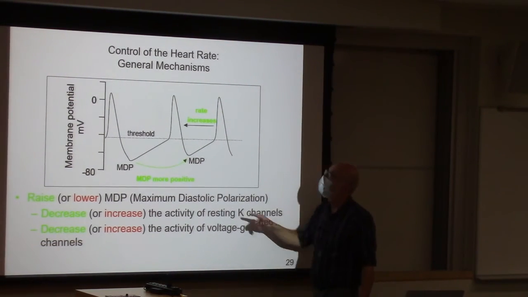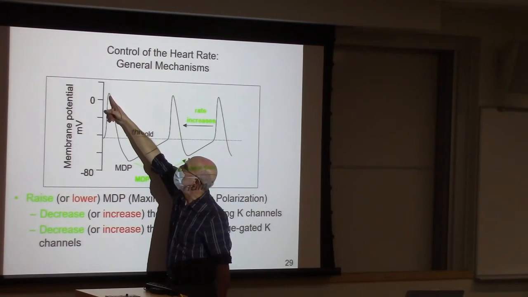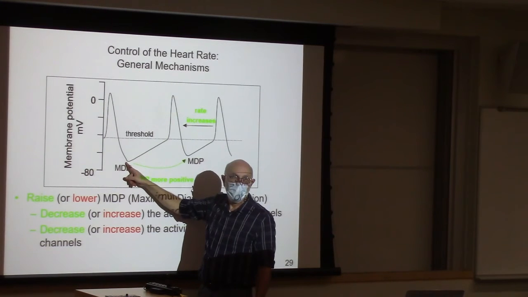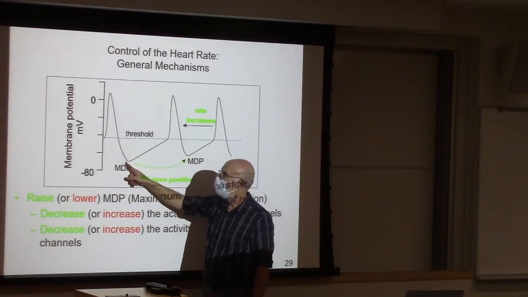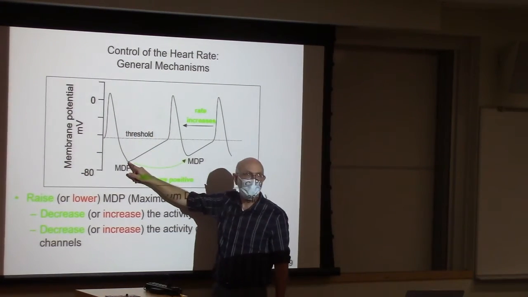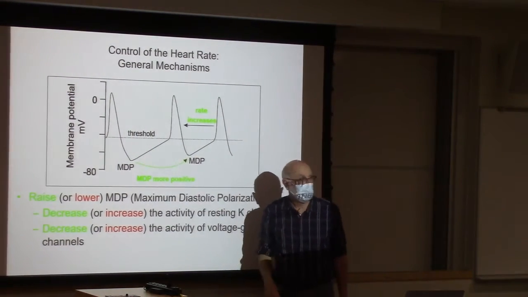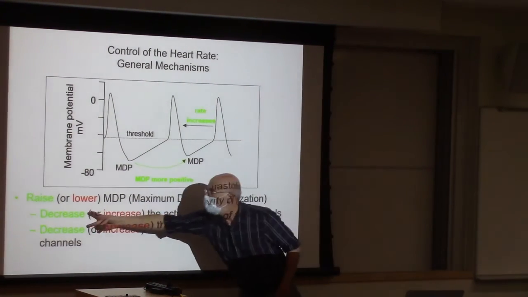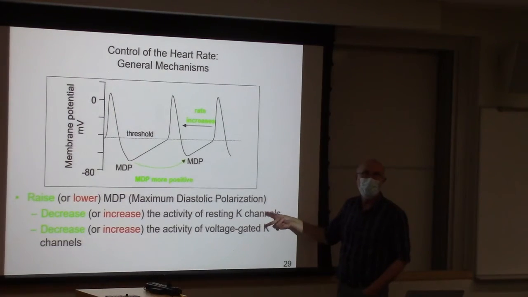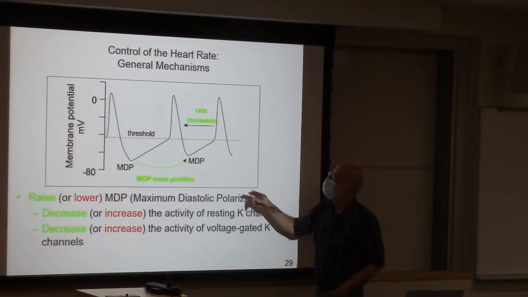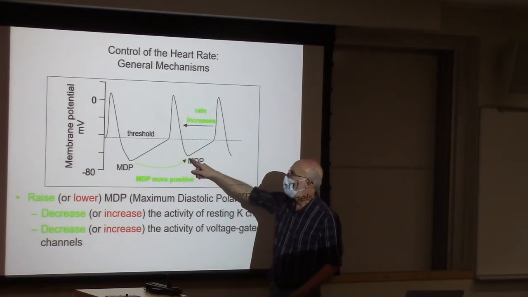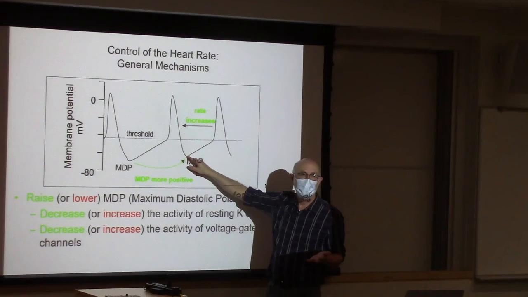And remember that voltage-gated potassium channels were responsible for this. So fewer, or making them close faster, would bring the membrane potential down to a less negative voltage. Basically, decreasing the activity of potassium channels, both resting and voltage-gated, would mean less potassium efflux, a less negative starting point.